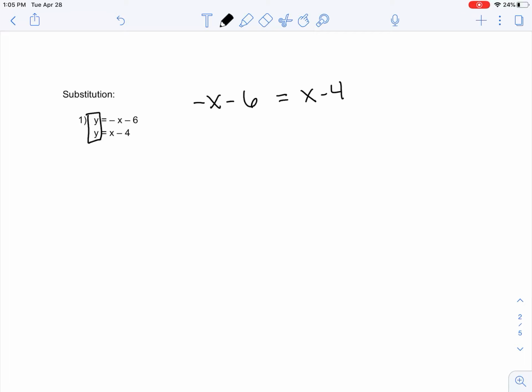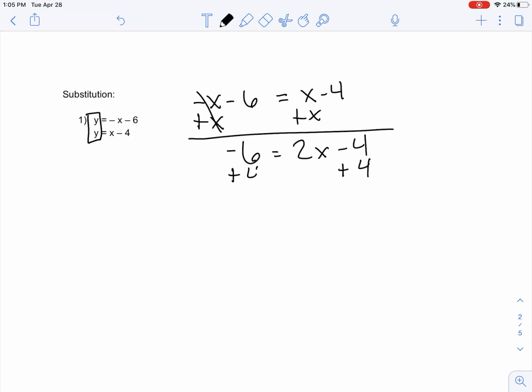Those things are equal to each other because y's are equal to each other. And then you just solve for x. So I'm going to add x to both sides. Negative 6 equals 2x minus 4. Add the 4. Negative 2 equals 2x. Divide both sides by 2.